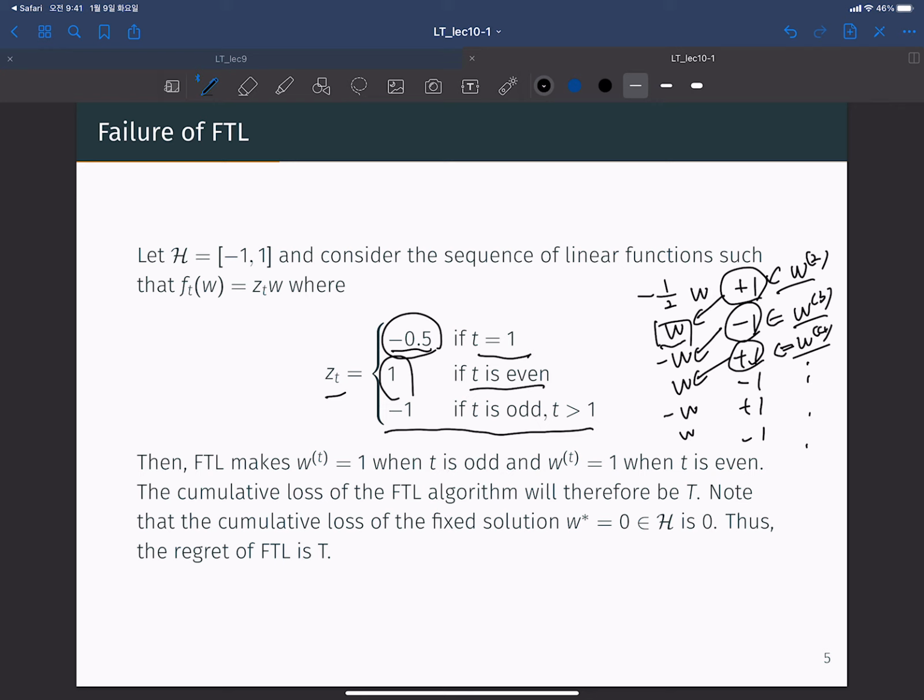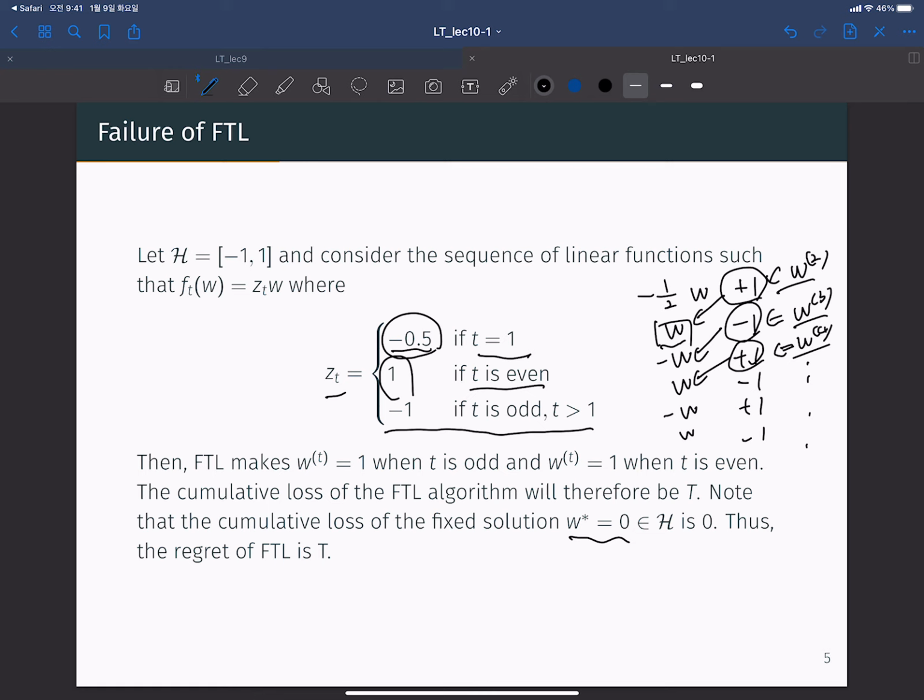Okay, so which means the regret grows linearly, very rapidly, as t grows to infinity. Okay, more precisely, when we fix our hypothesis to 0, when we set w star equal to 0, we basically have 0 loss value all the time, so the cumulative loss is equal to 0.